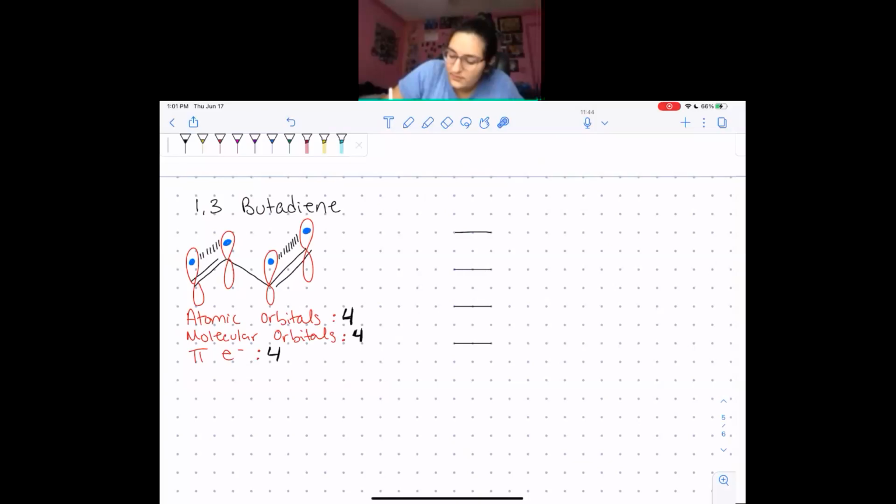And we are going to number these orbitals pi 1, pi 2, pi 3, and pi 4. We can also call them psi 1, psi 2, so on and so forth. That means the same thing.